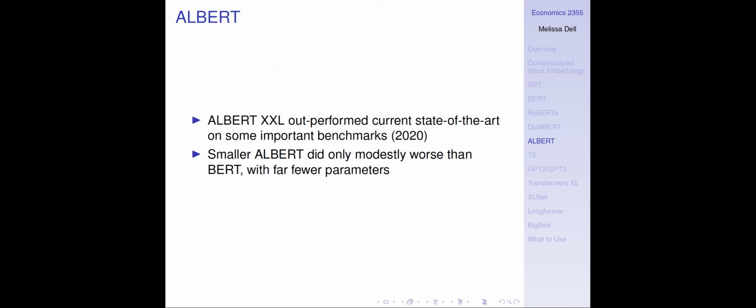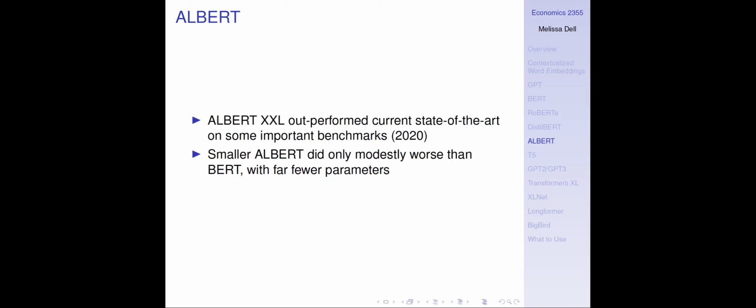And actually, ALBERT XXL outperformed BERT and other models, including RoBERTa, on some of the benchmark tasks. The smaller ALBERT did only modestly worse than BERT, but it had essentially 90% fewer parameters. So you can actually do better than BERT with this extra large ALBERT, which has much larger representations for the hidden states, but forces those representations to be shared between layers.